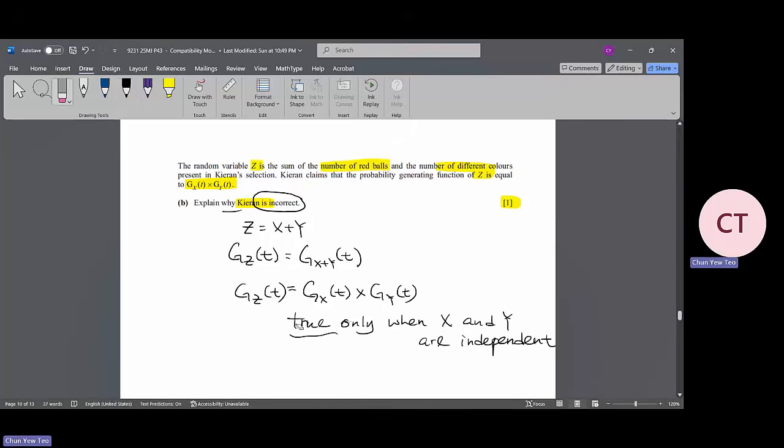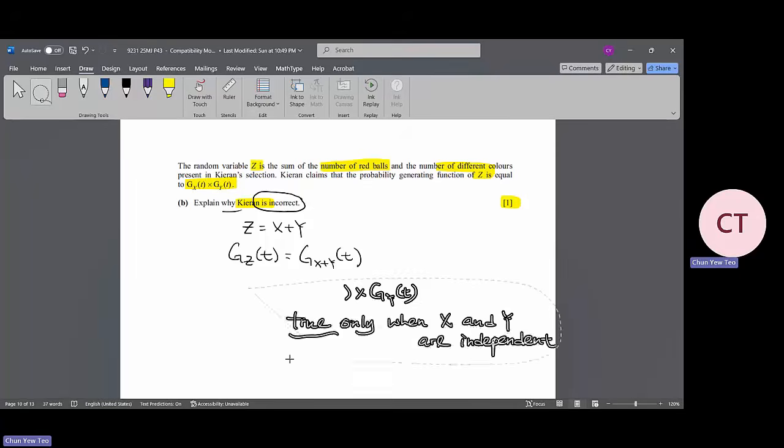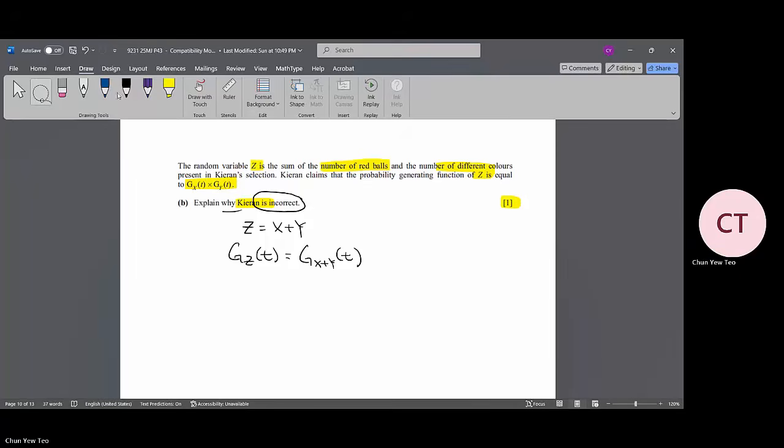So over here, we do not need to explain so much. You just need to say that if G_Z is not equal to G_X times G_Y, that means X and Y are not independent.